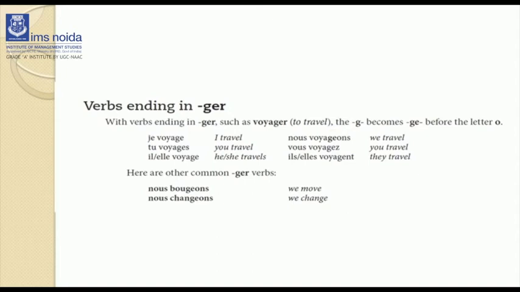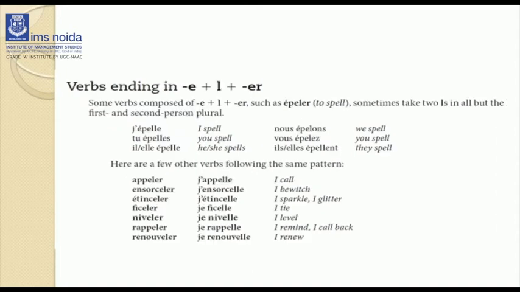Fine. So let's move to the next group, that is ELER endings. Some verbs composed of E plus L plus ER, such as appeler, which means to call, sometimes take two L's in all but the first and second person plural.